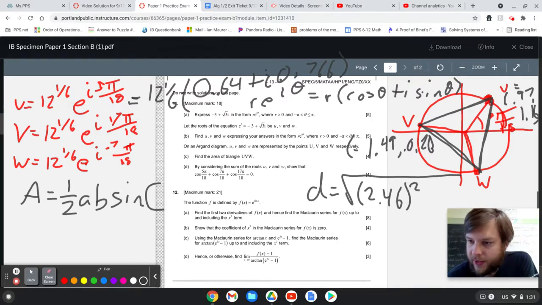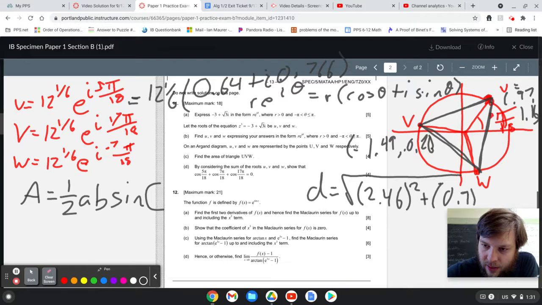That's the x coordinates. And then we had 1.16 minus 0.26. So that's the y coordinates, 0.9 squared. So square that plus 2.46 squared.